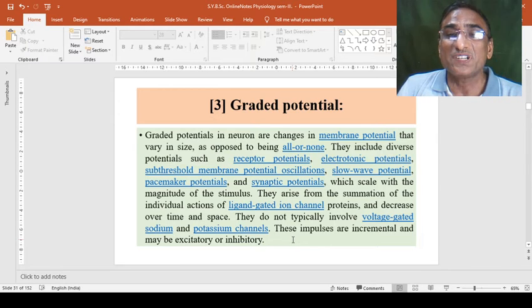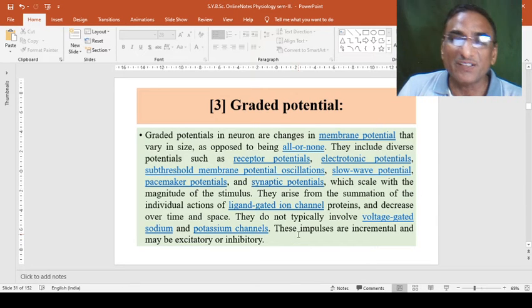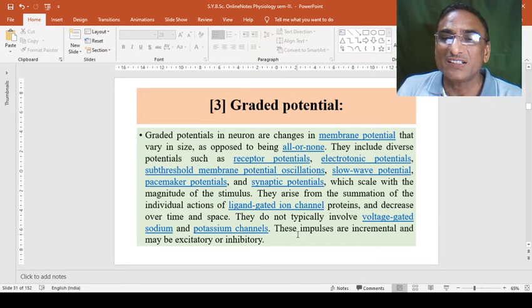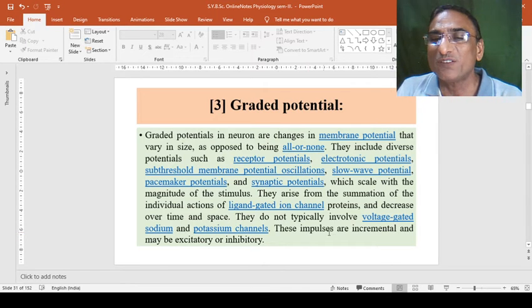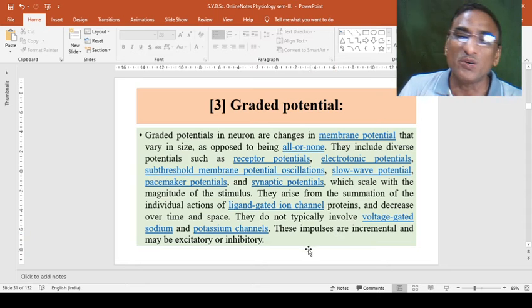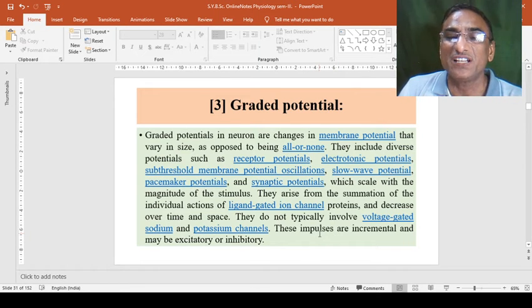The graded potentials of neurons are to be studied: what the activity is, what the ion movement is, what the channels are, what ligands are involved in the movement, what the voltage-gated sodium channels are, and what the potassium channels are.